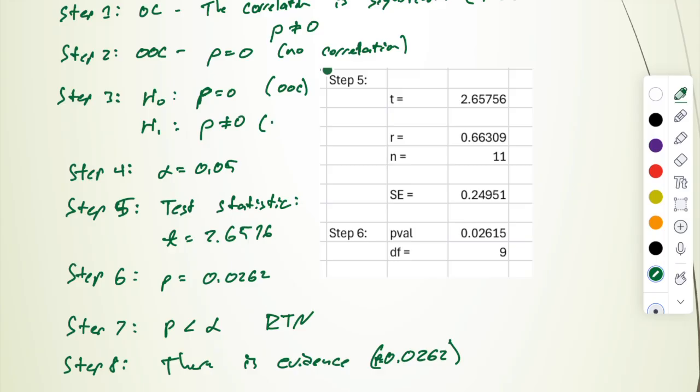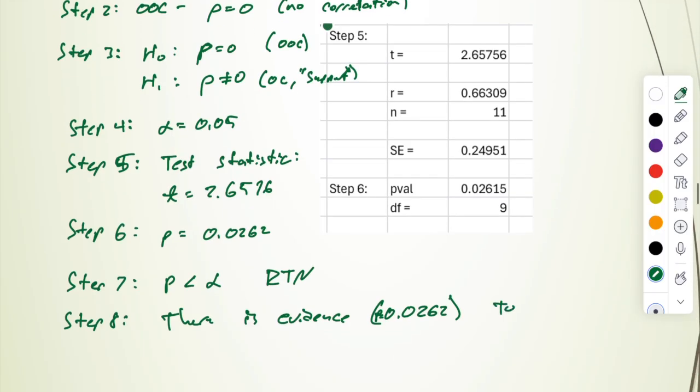The original claim here, which is yes correlation, is in the alternative hypothesis, and so that means I'm going to use the term support. Okay, so there is evidence to support the claim that there is correlation.